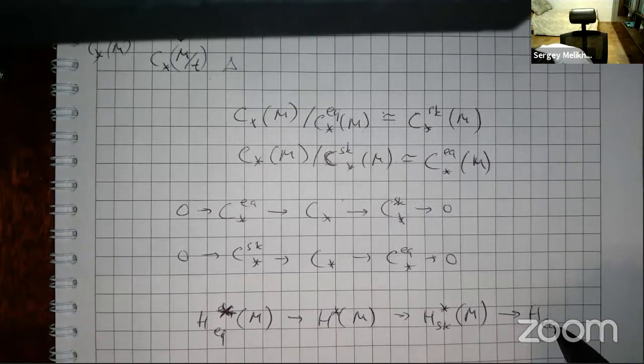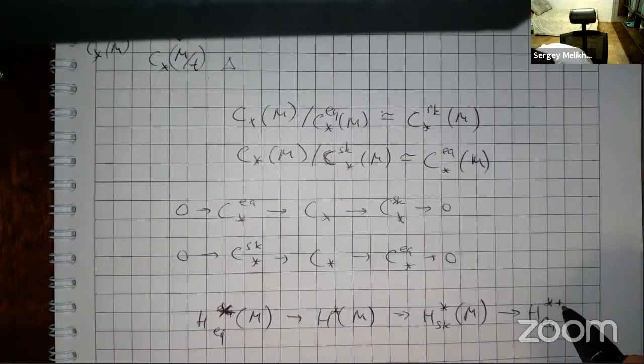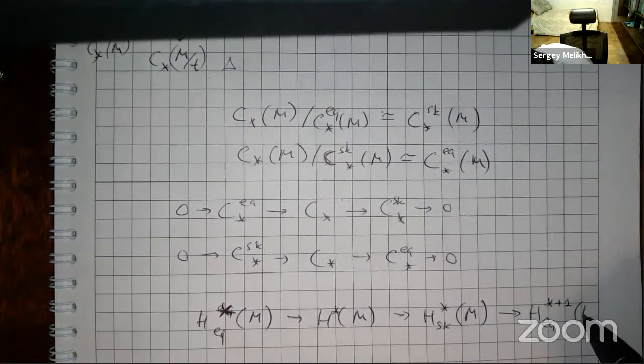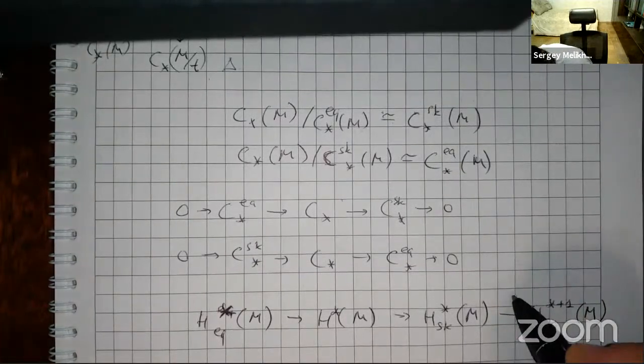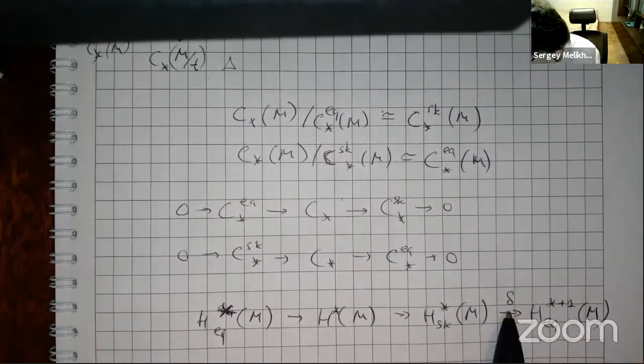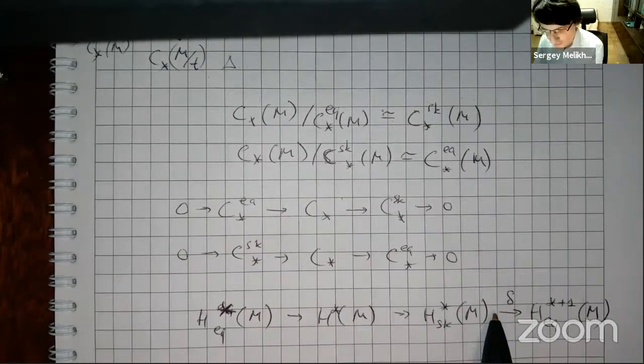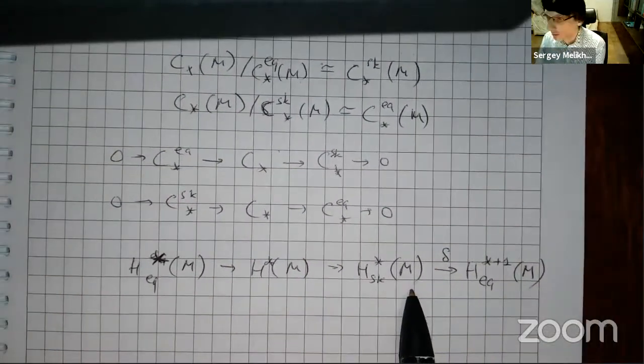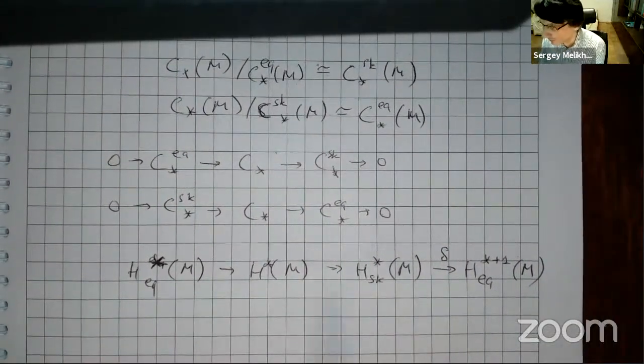Then there is the equivariant cohomology of the next dimension, and this is a connecting homomorphism, which I think is the same as what you had.